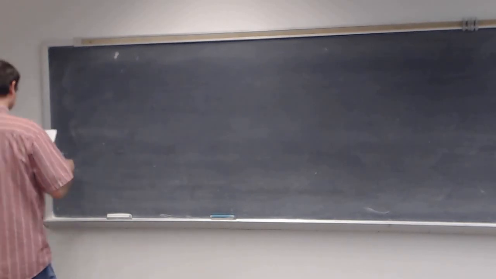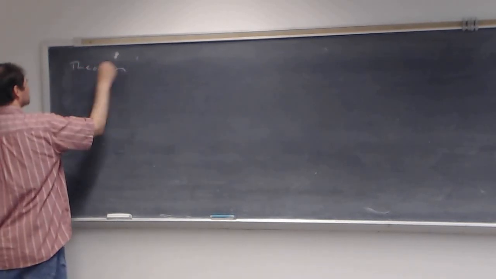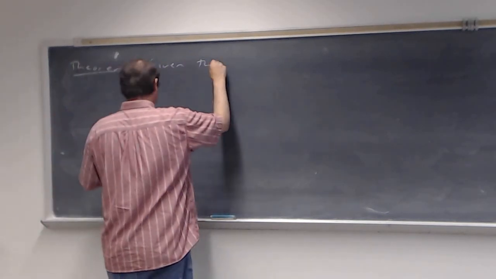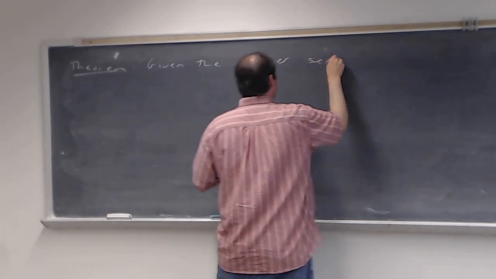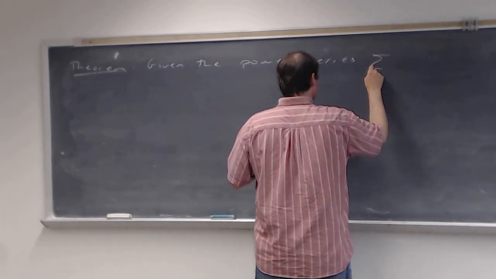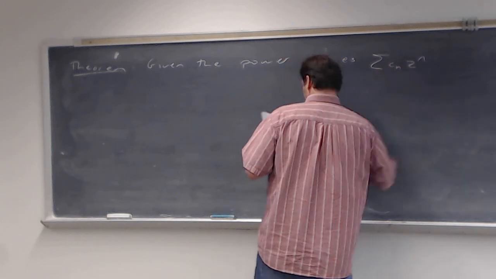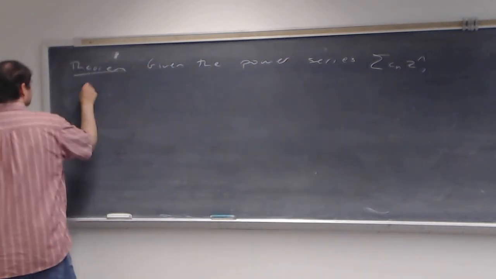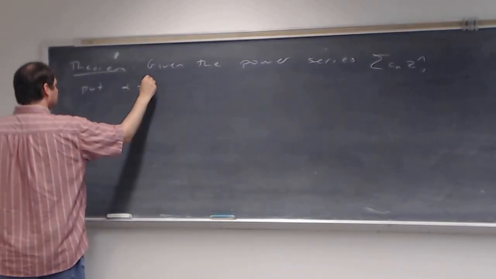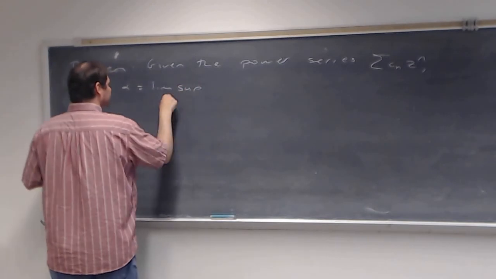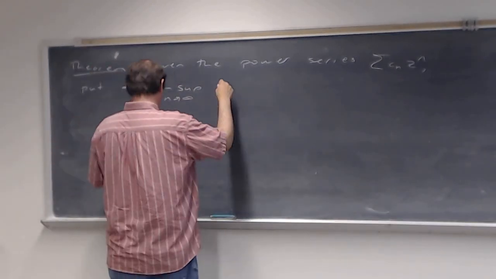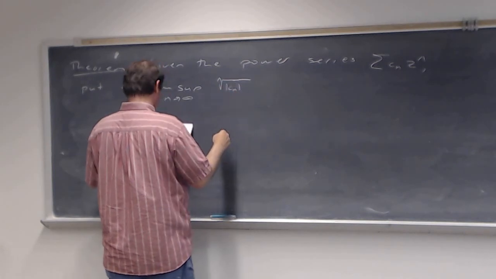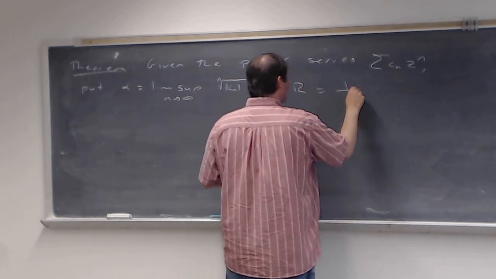Here's a theorem. It says, given the power series, the sum of c sub n z to the n, we put alpha equal to the lim sup as n goes to infinity of the nth root of the norm of c sub n, and we define r to be equal to 1 over alpha.